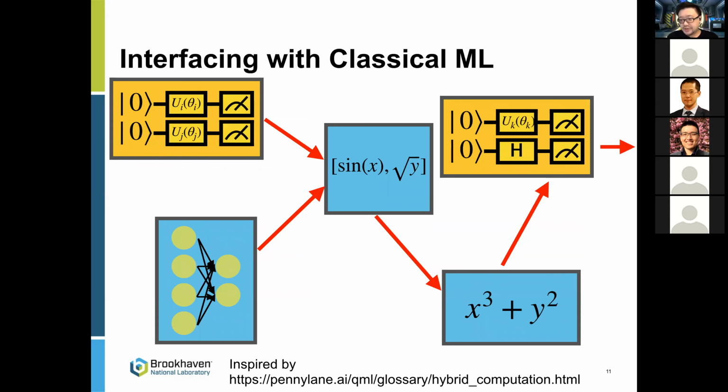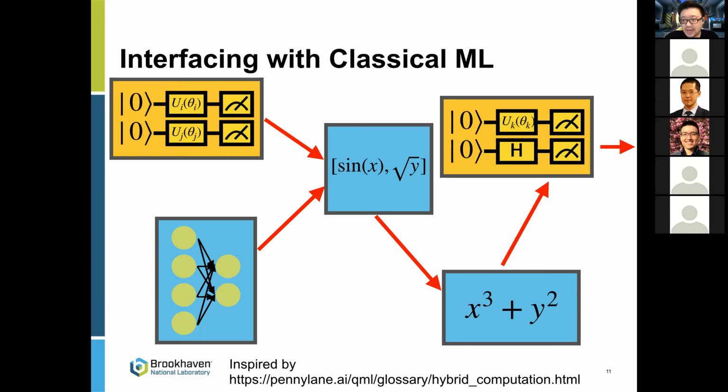Okay, so after introducing the variational quantum circuit block, let's talk about what it can be used for. Since we have very powerful classical machine learning tools, we don't want to drop them, and we want to leverage the best part from both the quantum and the classical world. And the hybrid quantum classical paradigm can actually help us achieve this.